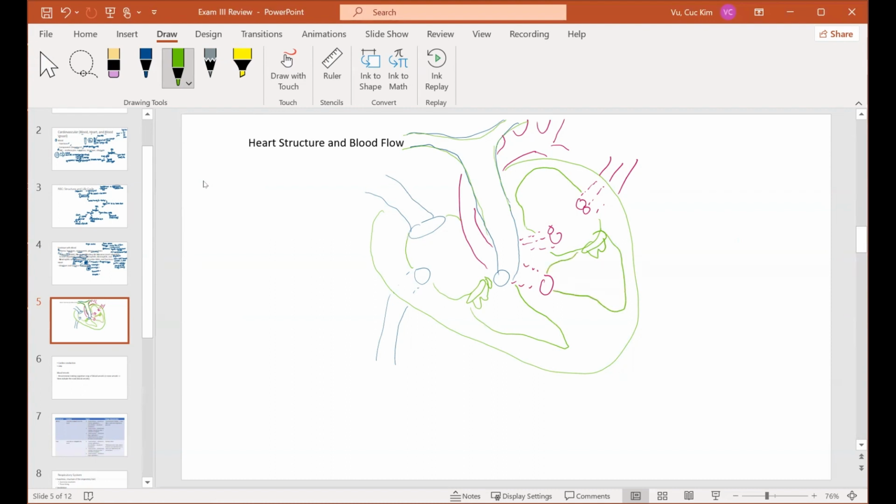Okay. So when you're going through this, let's do the chambers first. What are the two main chambers of the heart?